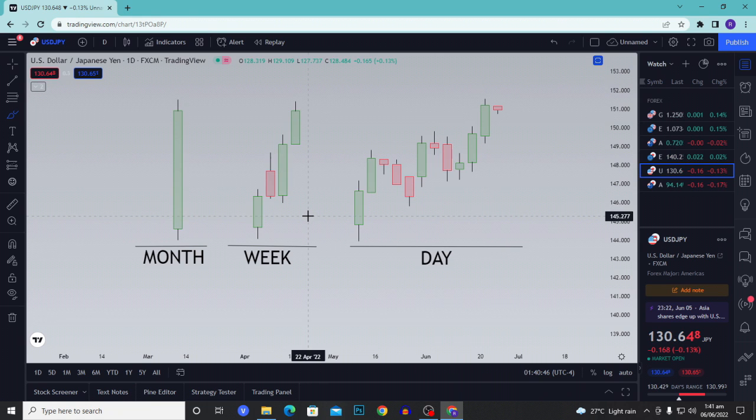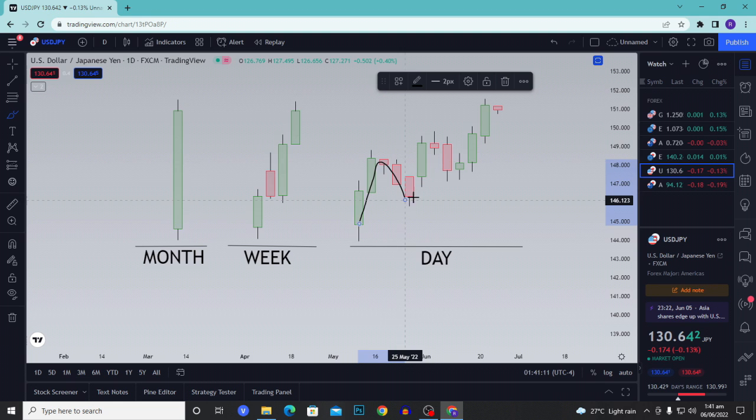And this is how multi-time frame analysis works. We start by looking at the bigger time frame, which is the monthly or sometimes the weekly, and then we drop down to a lower time frame to try and identify the retracements.